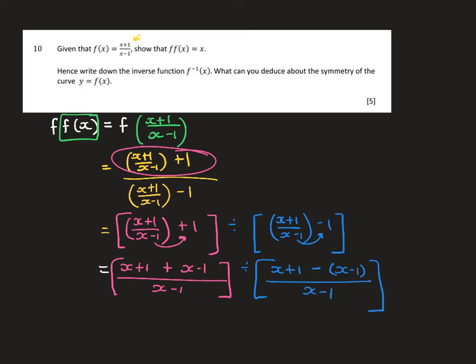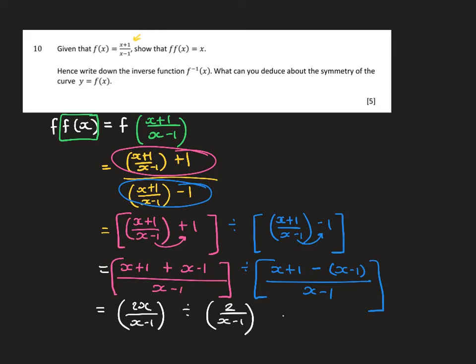So all I've done is separately give the numerator and the denominator of the original fraction common denominators in each part. And then with the numerator, the pink part, remember the denominator is this blue part here, look at that, that simplifies to 2x over x minus 1 divided by, and we end up with 2 over x minus 1.